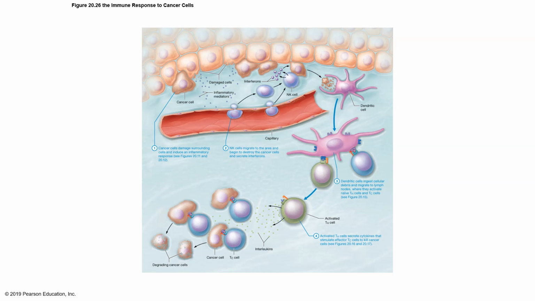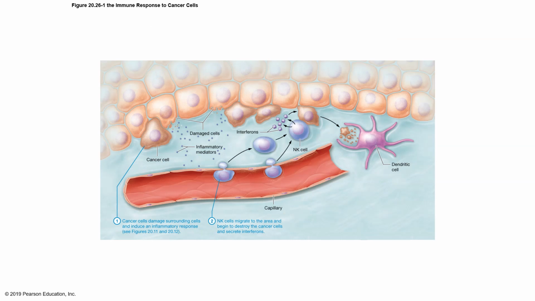And then cancer cells. Cancer basically is going to damage the surrounding cells and induce an inflammatory response. Natural killer cells in the area will then migrate to the area and begin to destroy the cancer cells.